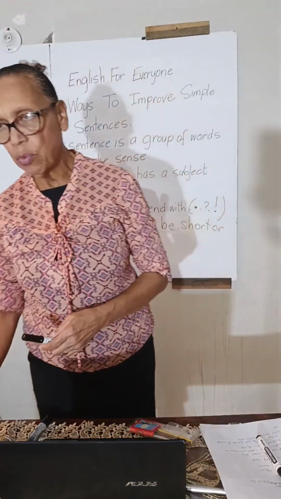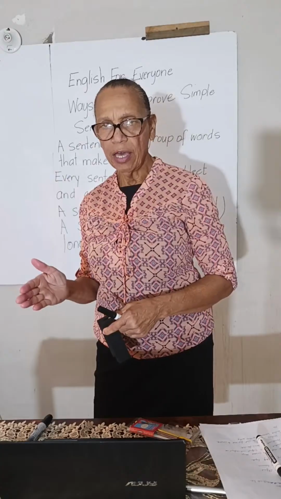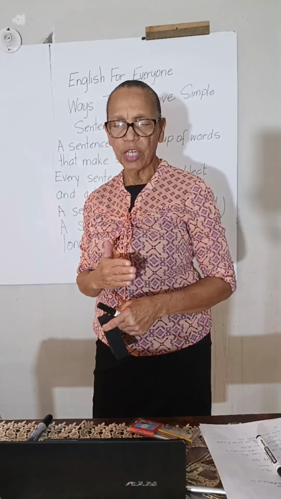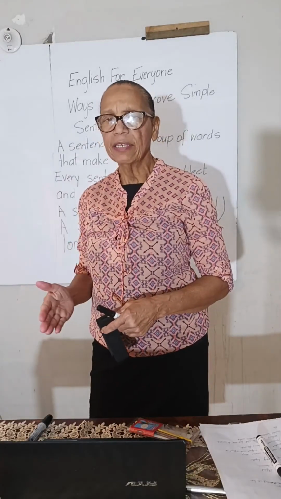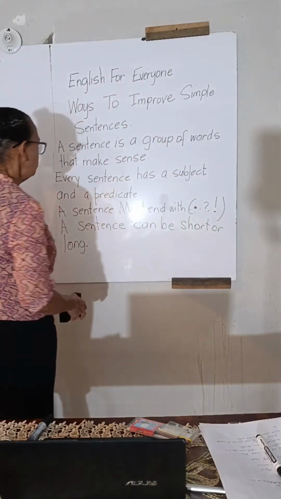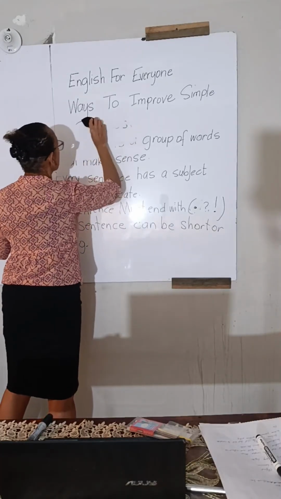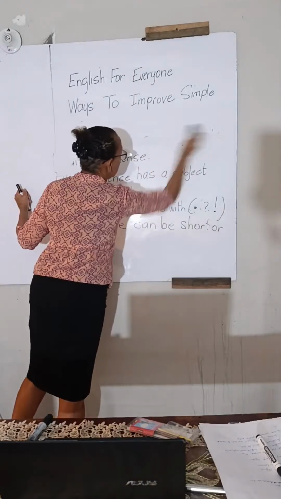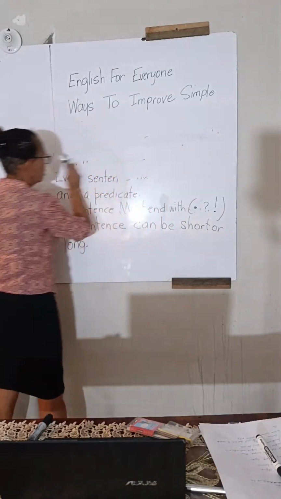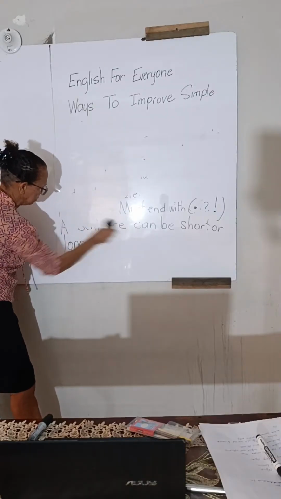So last week we looked at simple subject and complete subject, simple predicate and complete predicate. Let's go on the board. And we're going to look at a sentence.